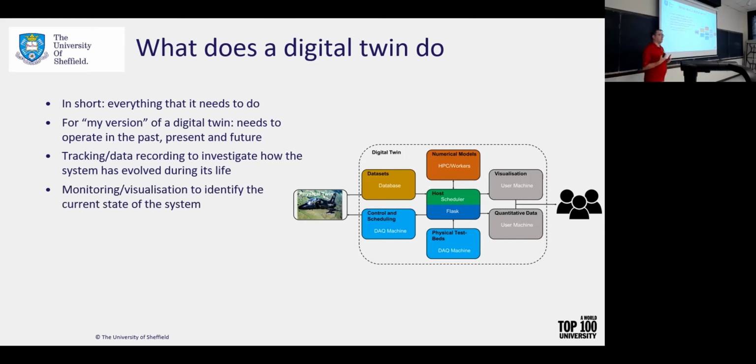It needs to have some type of monitoring or visualization of the data, and that's to identify the current state of the system. Understanding that the people who are going to use a digital twin are people, you need to have some type of visualization. You need to be able to represent the data rather than just a list of numbers. It needs to be a 3D model with a particular point of, oh, we're expecting a crack here.